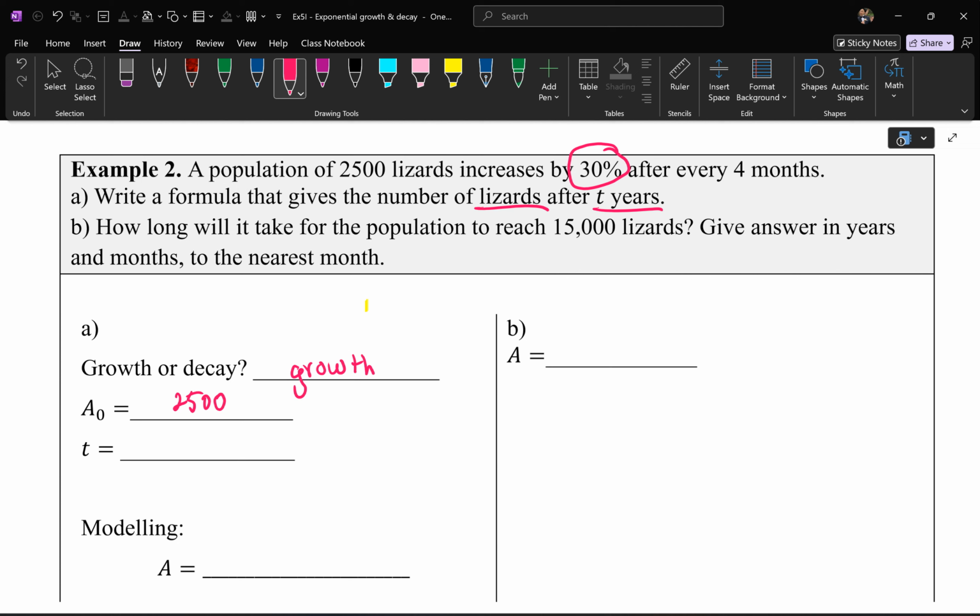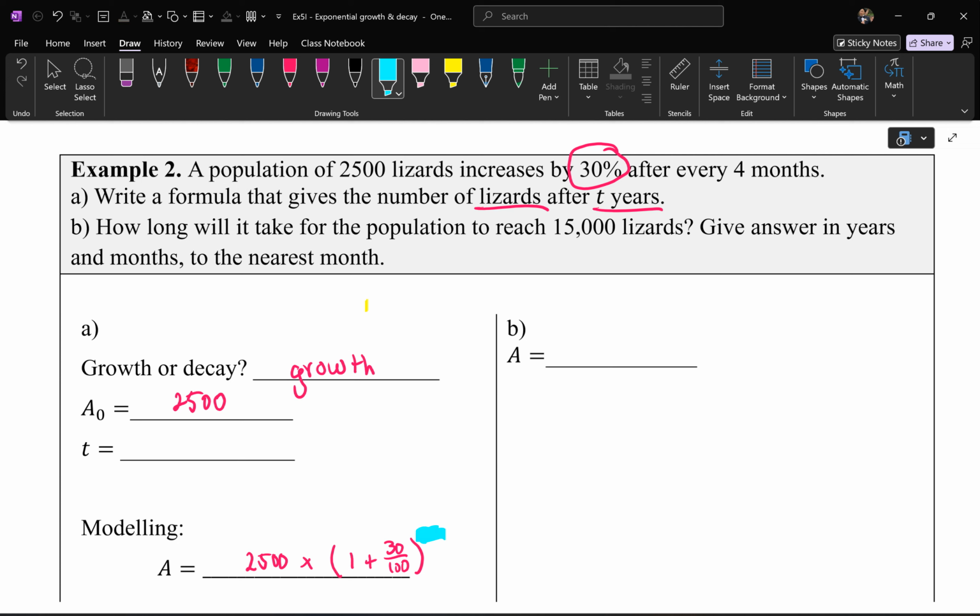So that's your principal, what you start off with, times 100% of itself plus an extra 30%, which is really the same as 1 plus 30 over 100, which is 1.3, by the way.